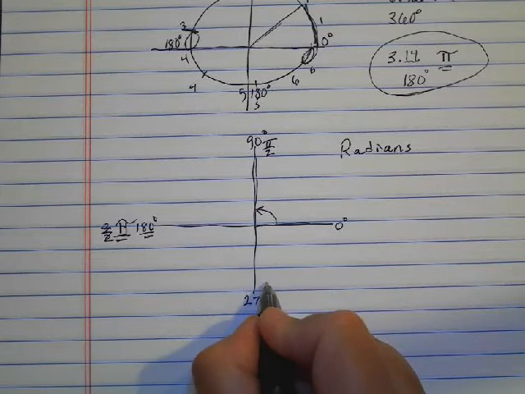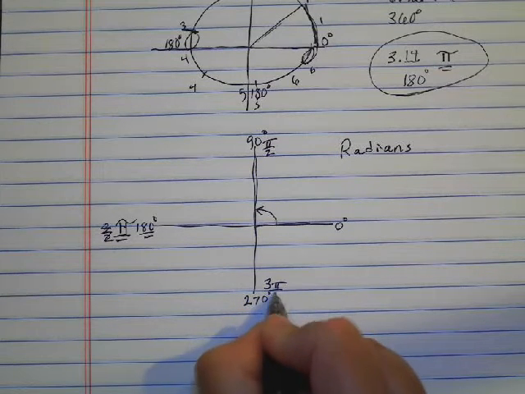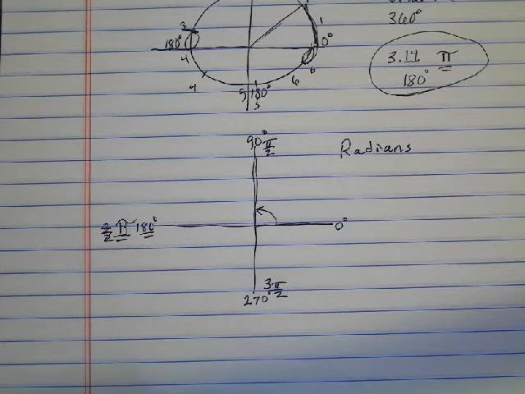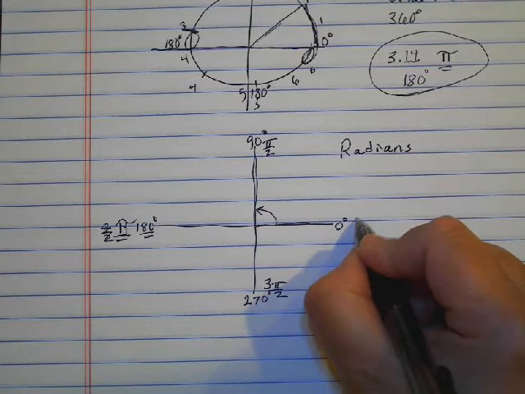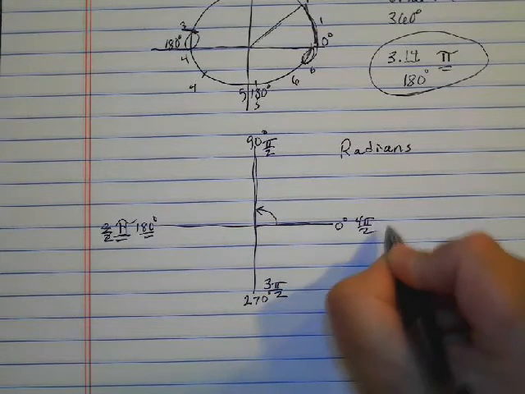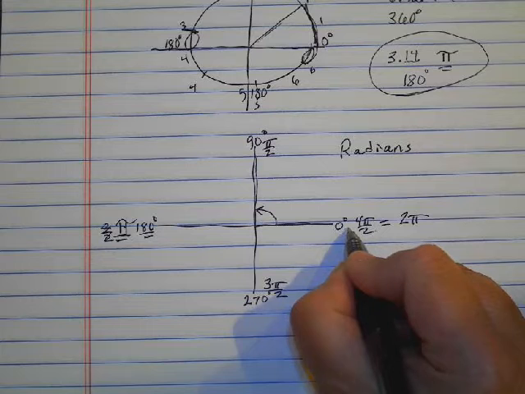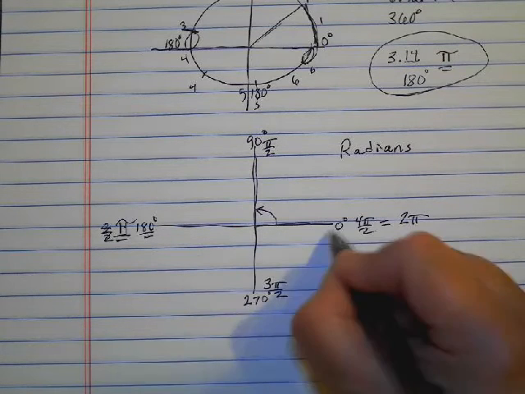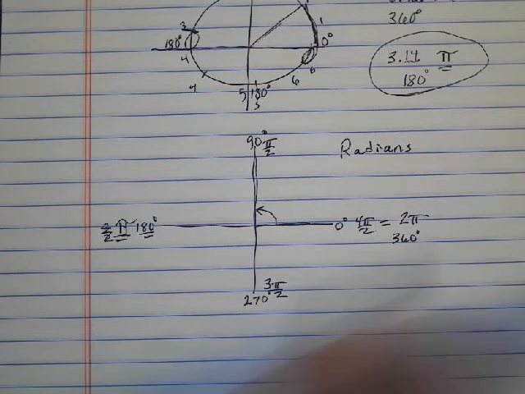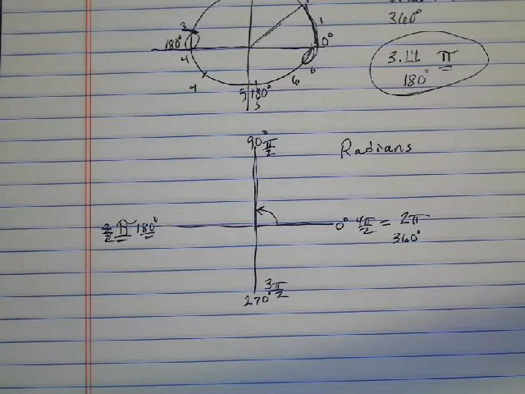So 270 degrees is 3 pi over 2. And then if we go another 90 degrees, it's 4 pi over 2, which is just the same thing as 2 pi. So 0 degrees also is the same place as 360 degrees. So 360 degrees is 2 pi.